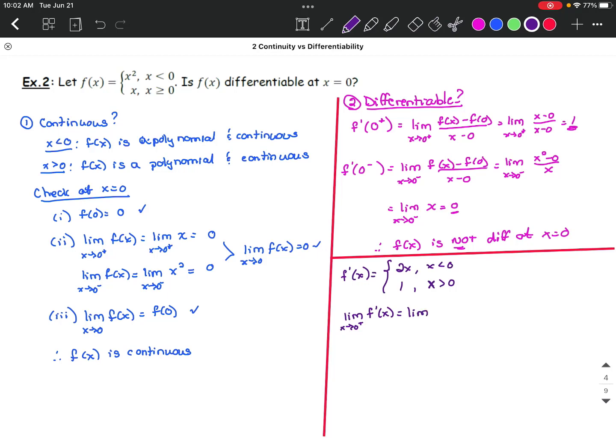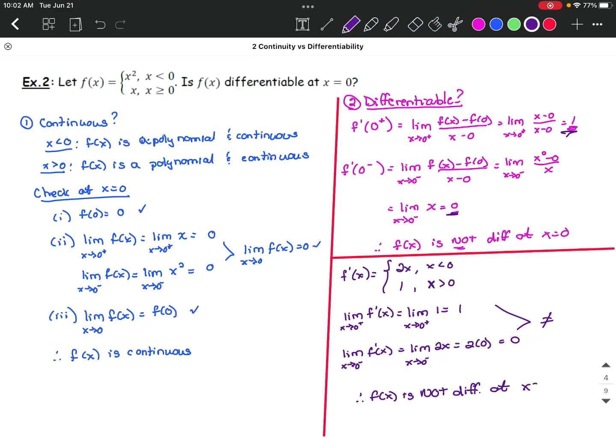That's the limit of the bottom piece of the function, which is just 1. And then we have the limit as x approaches 0 from the left of our derivative, which is the top piece of the function, 2 times 0, which is 0. Notice they're the same numbers we found up here. They're not equal, and therefore f of x is not differentiable at x equals 0.